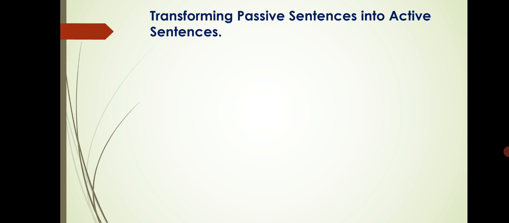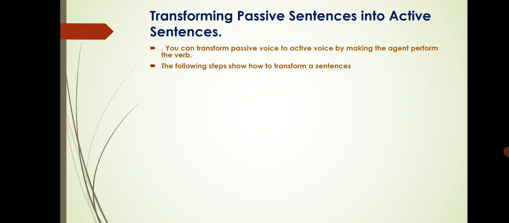Now we'll see the transformation of a passive sentence into an active sentence. You can transform passive voice to active voice by making the agent perform the verb, means the action. The following steps show how to transform a sentence. For example, the ice cream cones were eaten by the children.